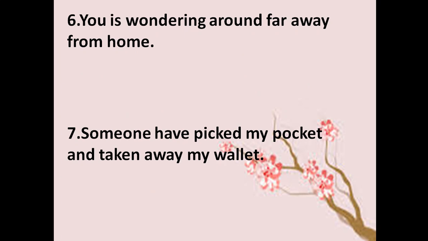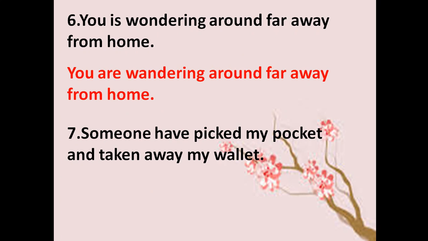With you, we are not using "you is". We always use you are. We don't use "I is". I am. Keep that in mind. So here we need to use the verb are. You are wandering around far away from home. That will be the correct sentence.